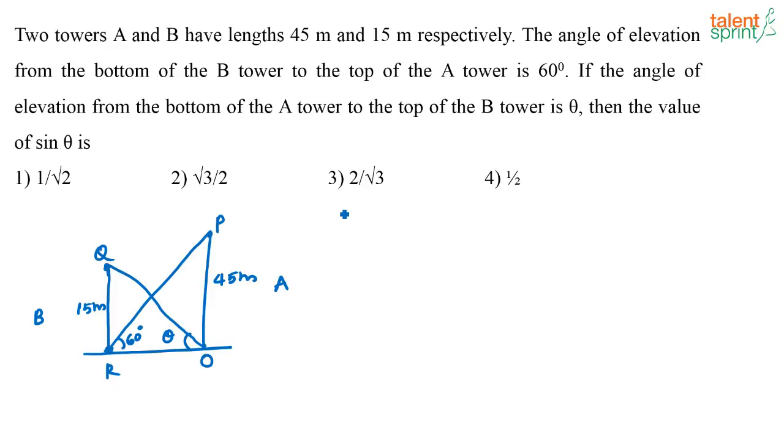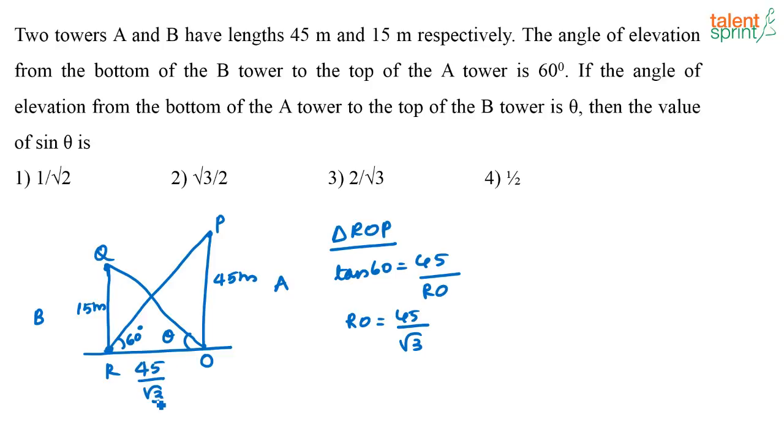So now let us first consider the triangle ROP. Now if you consider triangle ROP, what can you say? I can say tan 60 is equal to 45 divided by RO, or I can say RO is equal to 45 divided by tan 60. What is tan 60? It is root 3. So this length RO, now I have got it as 45 divided by root 3. Now consider the triangle ROQ.